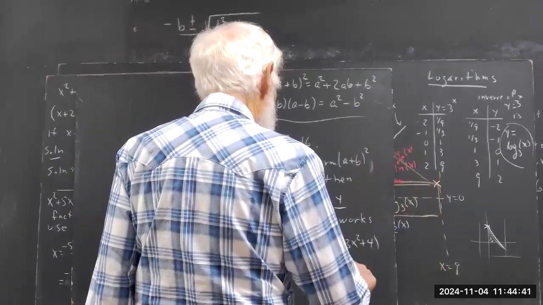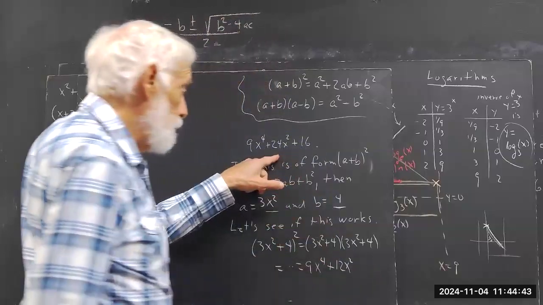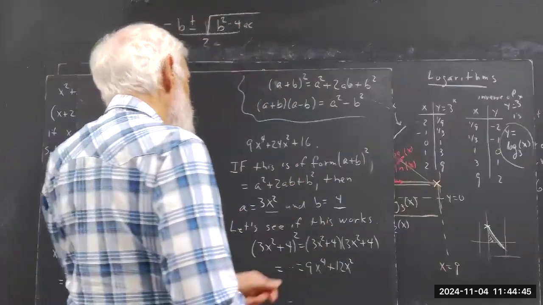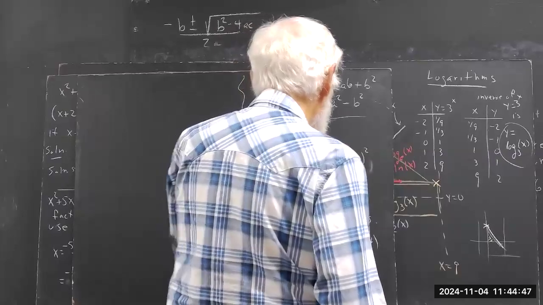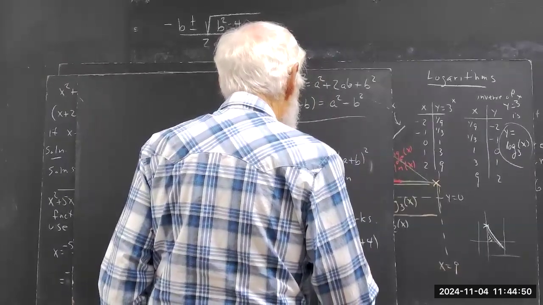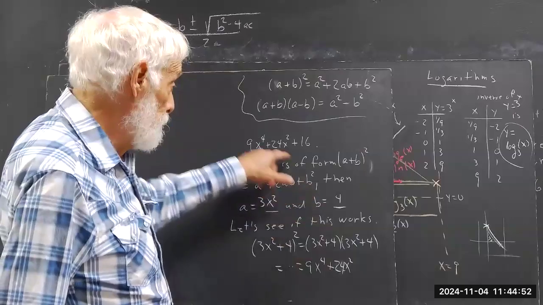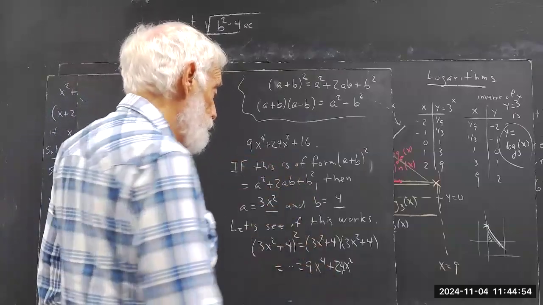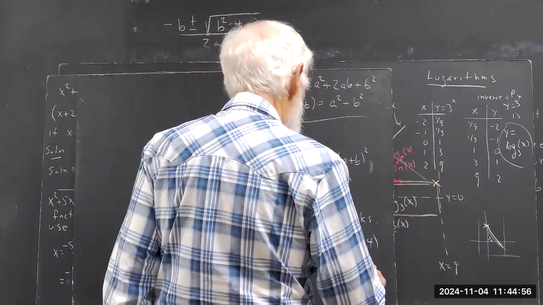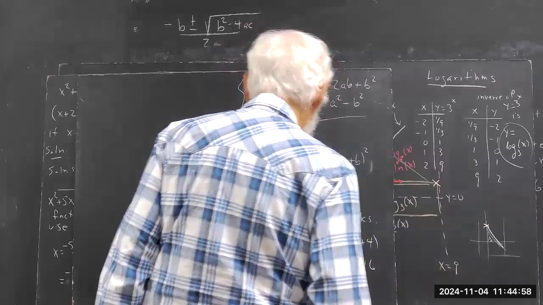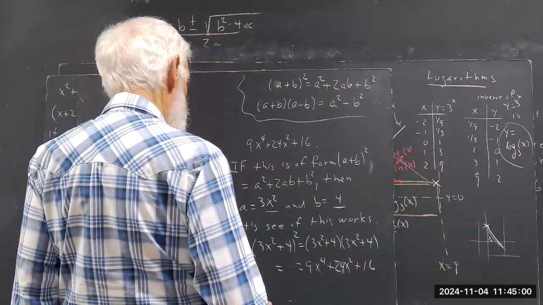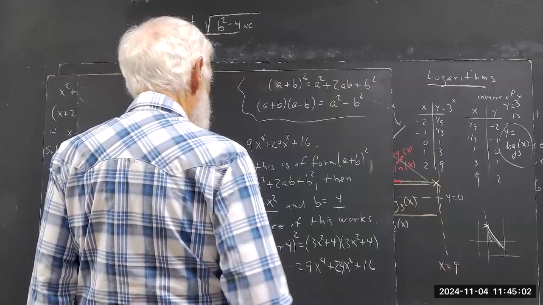So we get 12x squared and 12x squared, which is 24x squared, and that does match up with what we have here. And then plus 16. This checks.